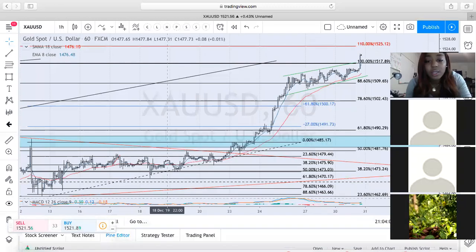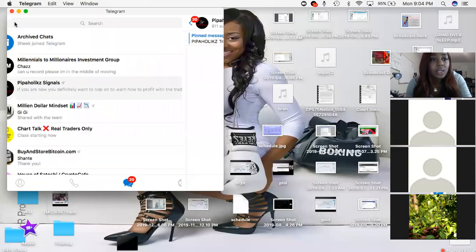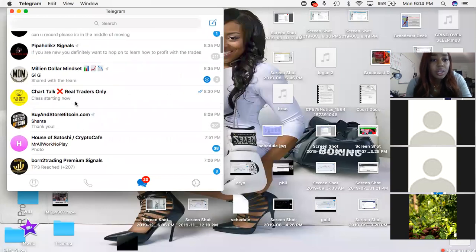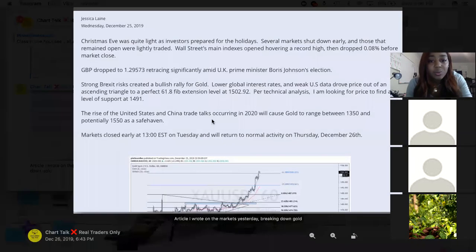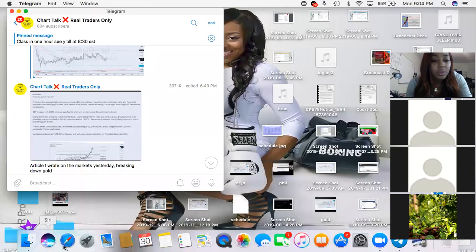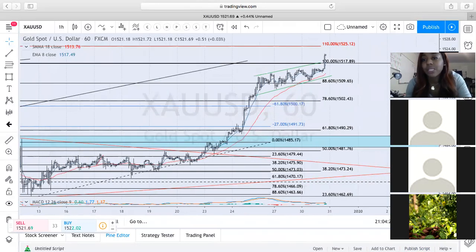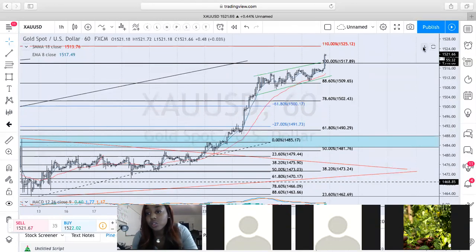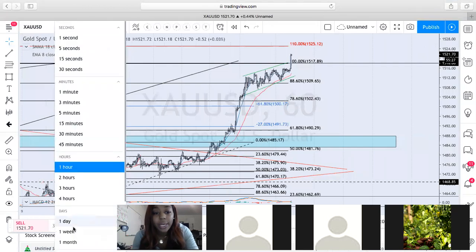On the thing that I sent you guys, when I was talking about the two levels, I'm expecting gold to range between 1350 and 1550 for 2020. I'm definitely expecting gold to range between these two levels. And understand that's a wide range.